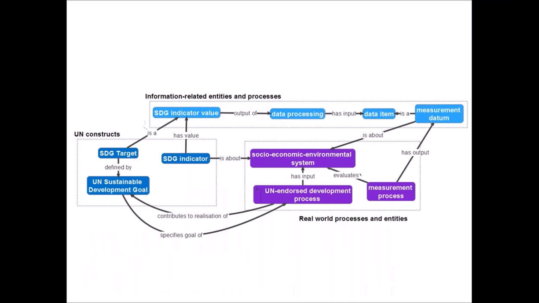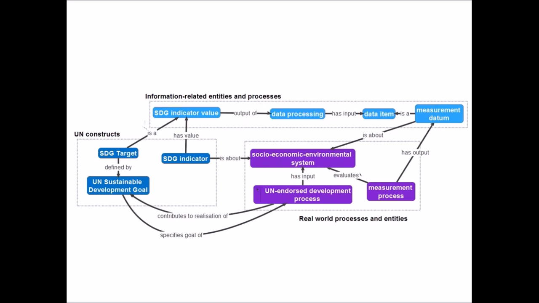So it's roughly divided into sort of three major components. One would be the actual real-world processes and entities that are out there, things like forests or hydrothermal events, etc. Then things that are information-related entities, such as the data that's coming out of monitoring programs and how they fit together. We distinguish them so we know what the data is about and how the data relates to other data objects.